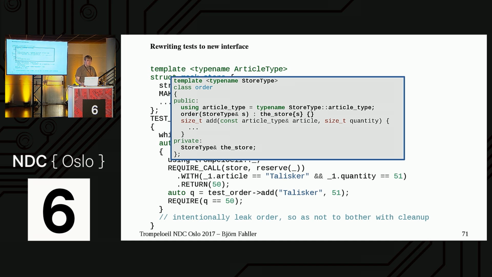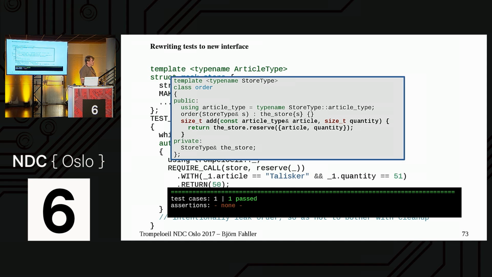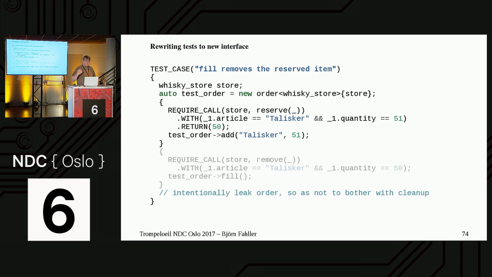The constructor remembers the store, and the add function calls reserve and returns whatever we got from there. And this works. You may notice that I cheated now and didn't show you the failure, but you've already seen those, so nothing new there.